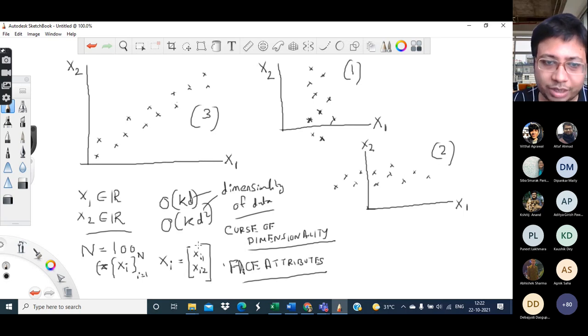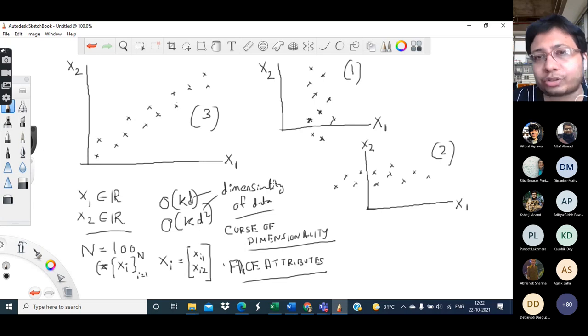Using a high number of features gives more expressive power to the representation. But there is a curse also. The curse is that the more you increase the number of features, or the dimensionality of the data, the more difficult the computation becomes.